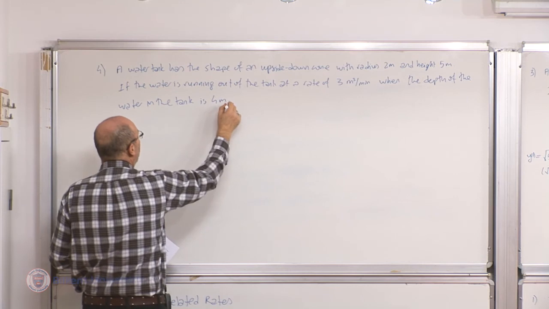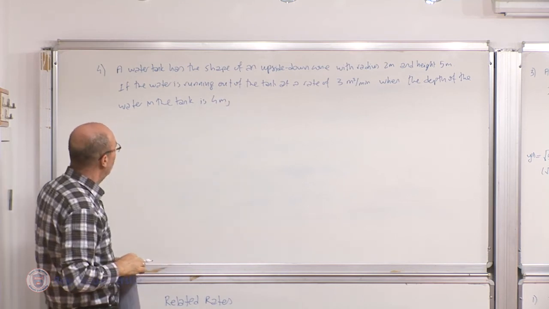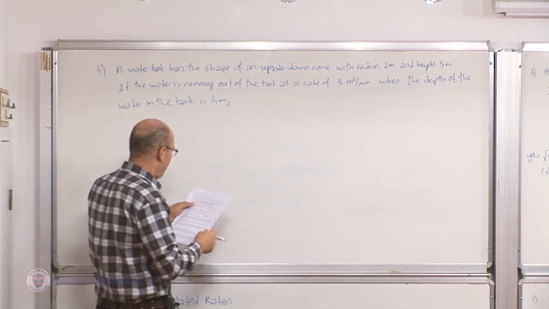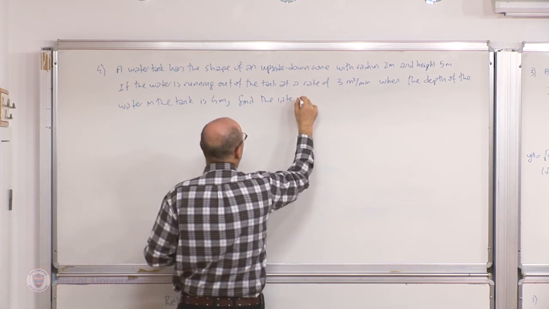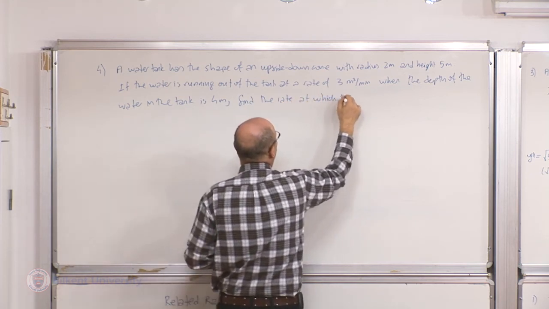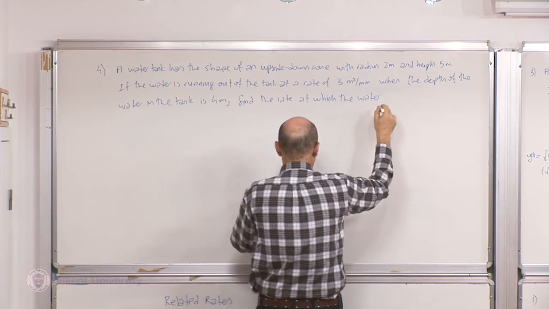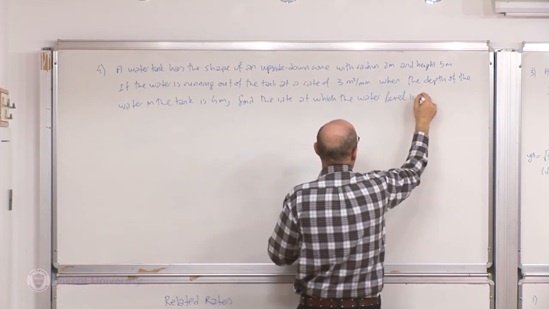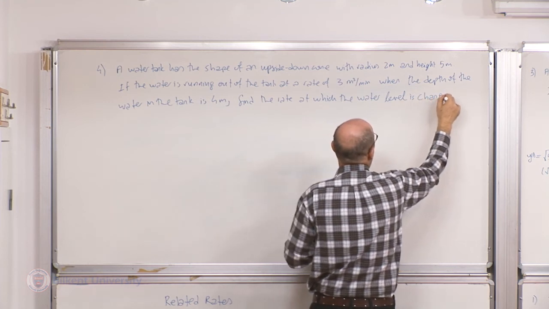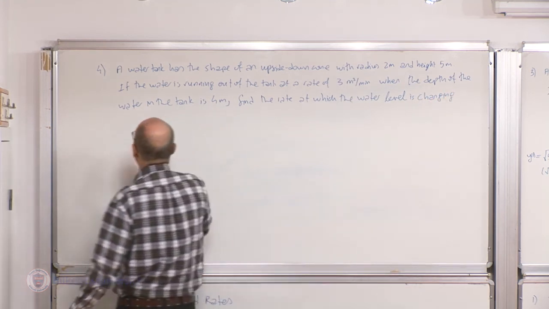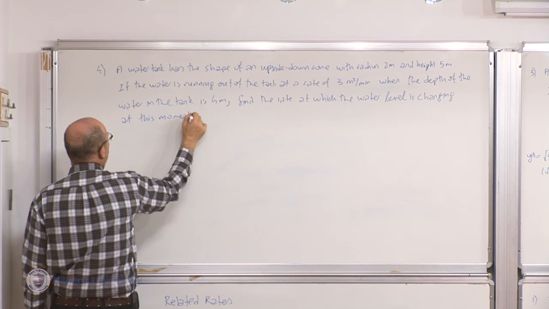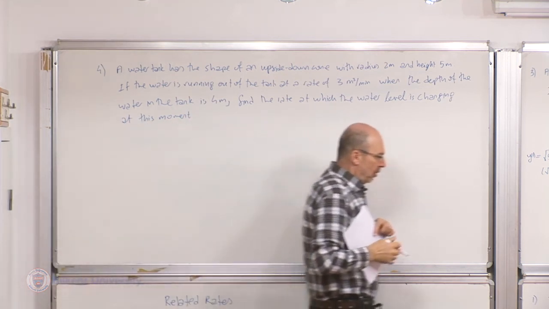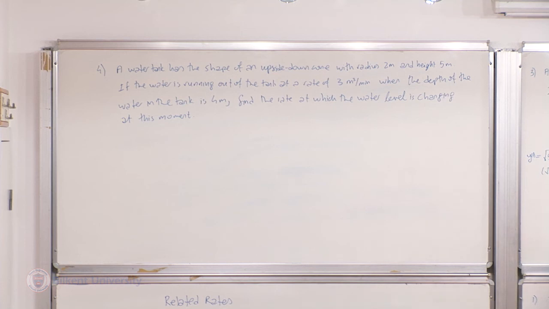So if the water is running at this rate, when the depth is this, find the rate at which the water level is changing at that moment, or at this moment. So water level is the height of the water at that time.